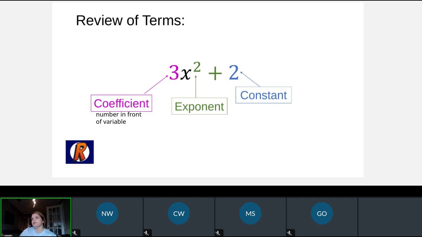The exponent is going to be the little number that is above the variable. Oops, it's not typing this out. Okay, let's do it like this. There we go. Number above the variable.